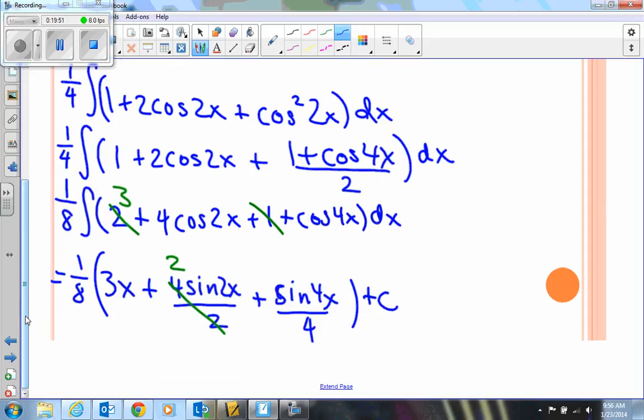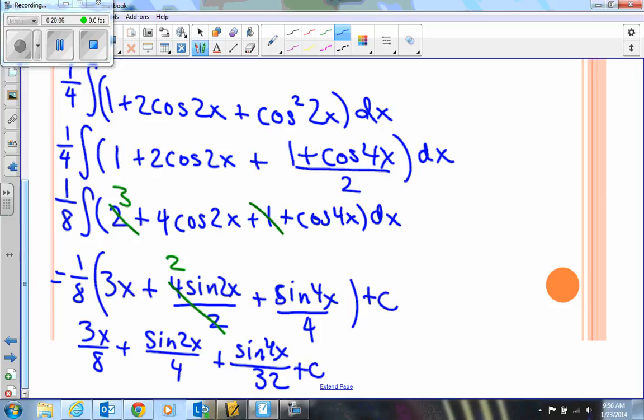So I don't know how you want to do that. Do you want to distribute it in now for your final answer, or pull out a 1/32? It's up to you how you want to write that. Yay.